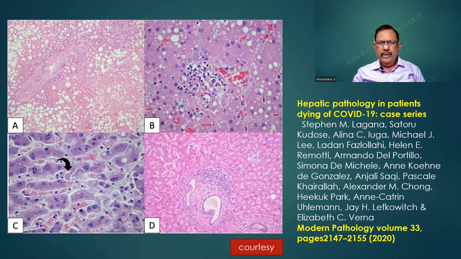Look at this wonderful study of it. Whatever we have said is being reflected in these pictures. Thanks to this particular reference, the authors, and this is the journal where it has been published. Here we find that there is a steatosis of the vacuoles, which are seen. And there is obviously an effacement of architecture.